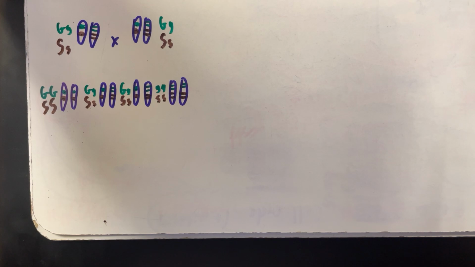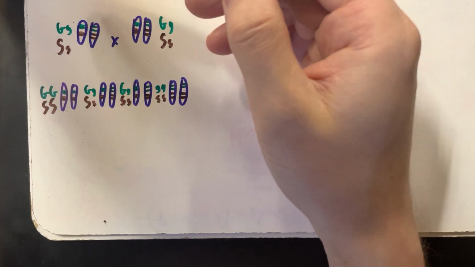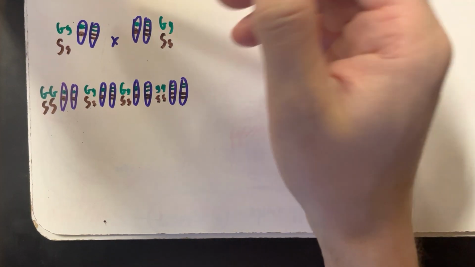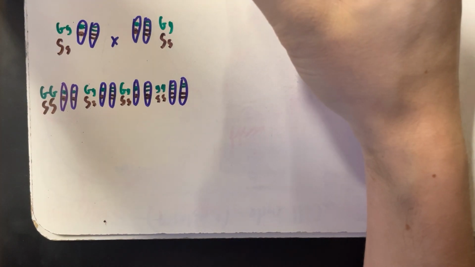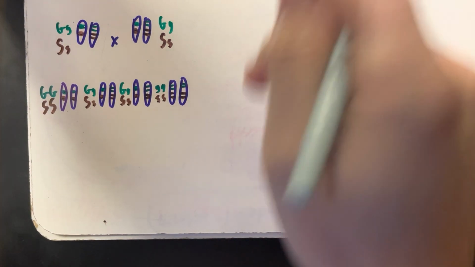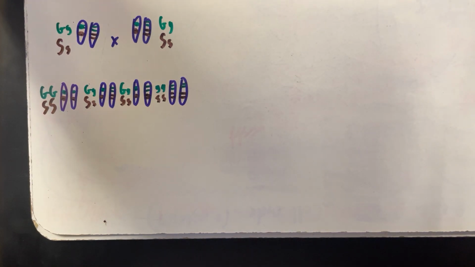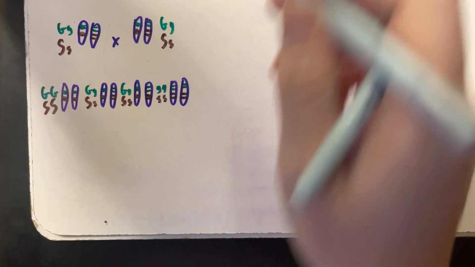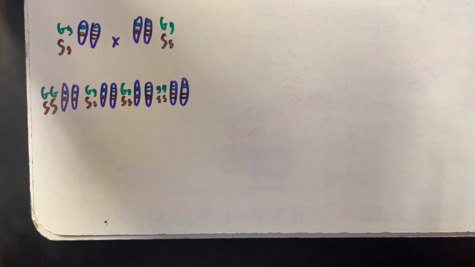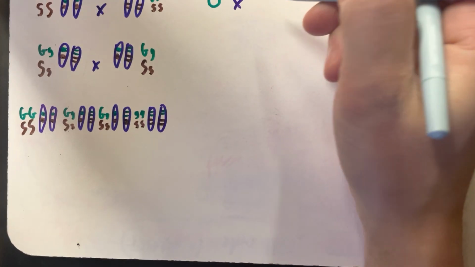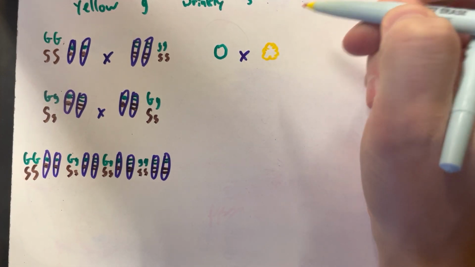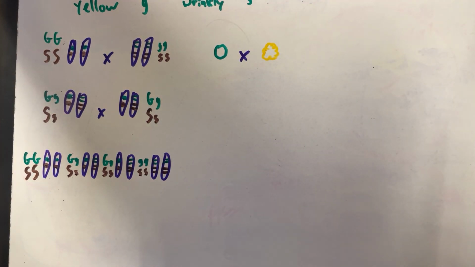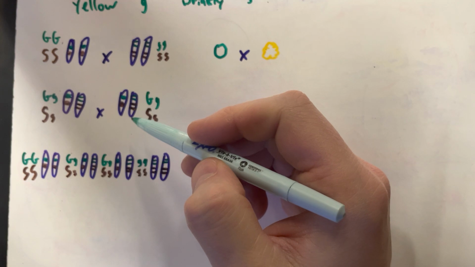So let's take a look at the phenotypes for just a second. We had a green and smooth pea pod, and we cross that with a yellow wrinkly one. All of the offspring were what phenotype?